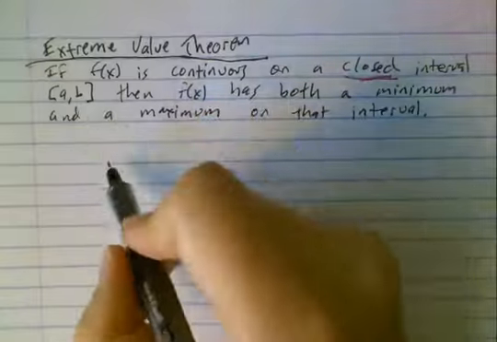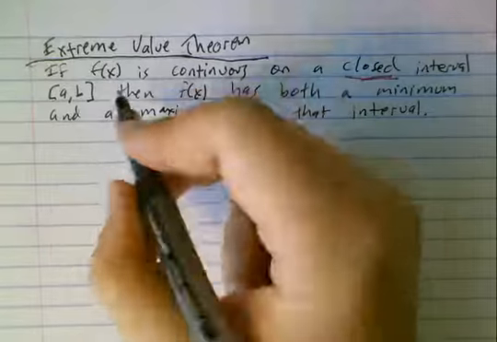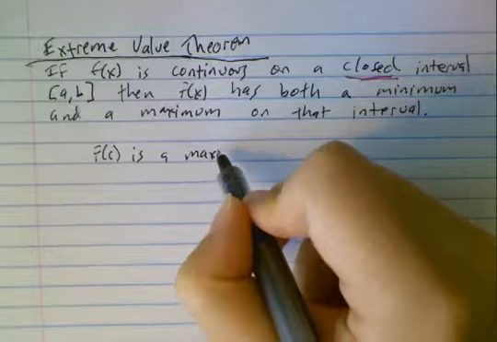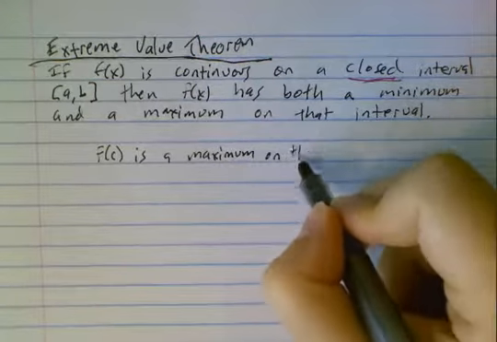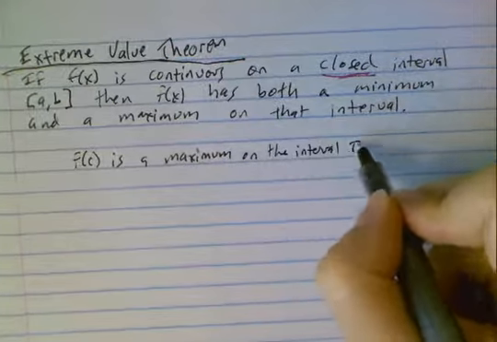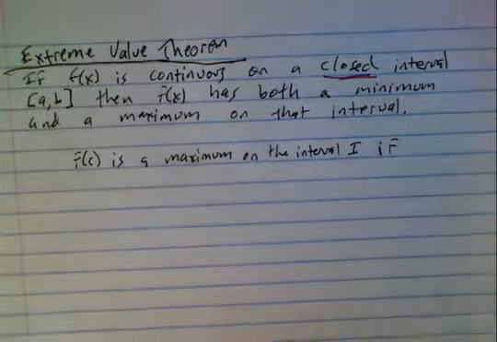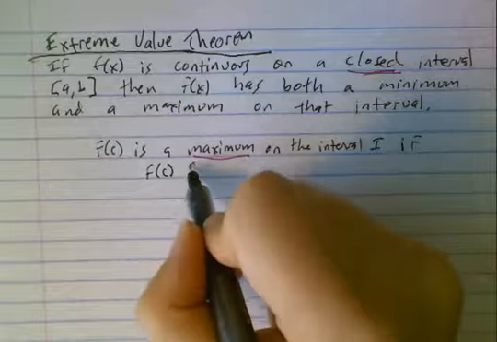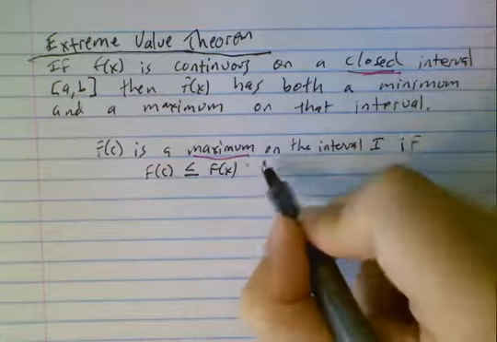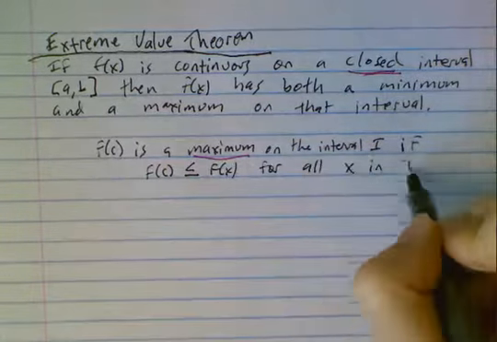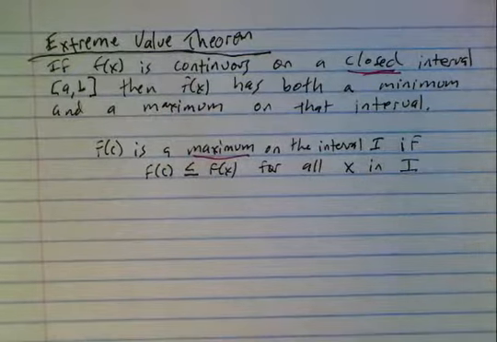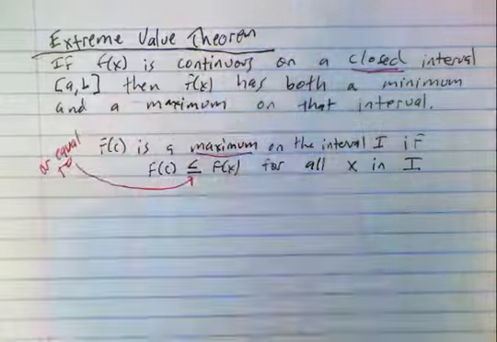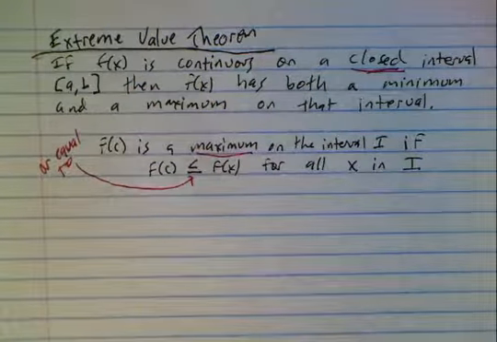However, there are very specific definitions for minimum and maximum, and they may be a little bit different than you might think. f of c is a maximum on the interval I if f of c is greater than or equal to f of x for all x in I. Notice that there is a little or equal to symbol, and we'll see in a graph in just a minute why that matters.